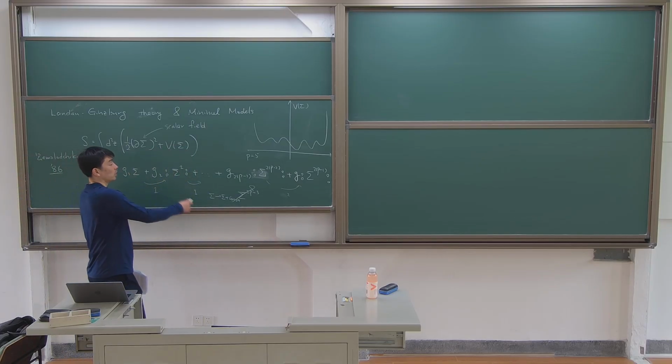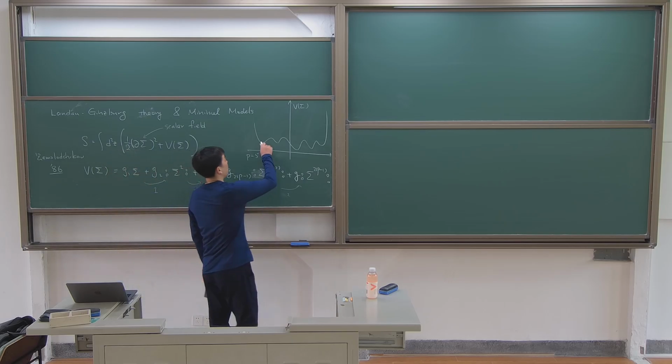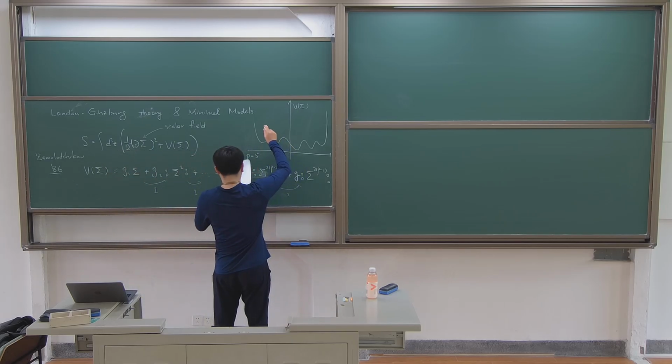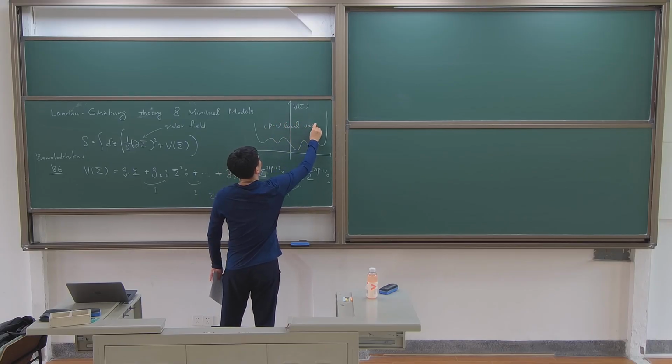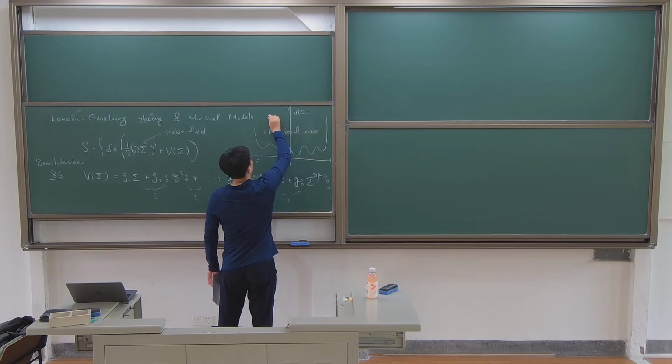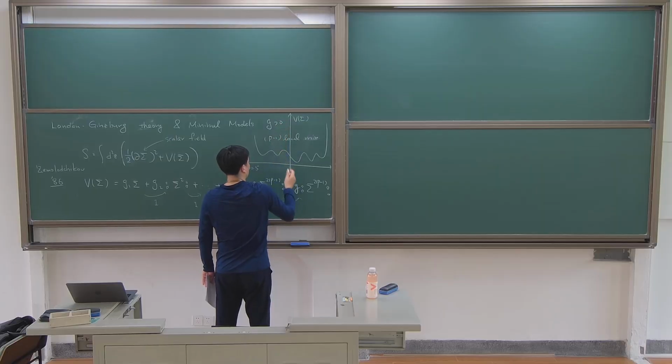Then this potential generically has p minus 1 local minima, assuming G is greater than 0.